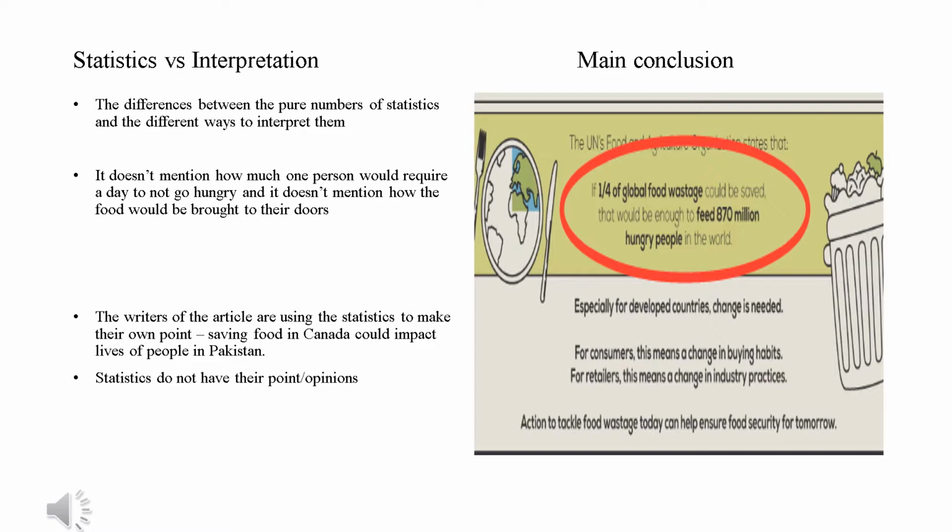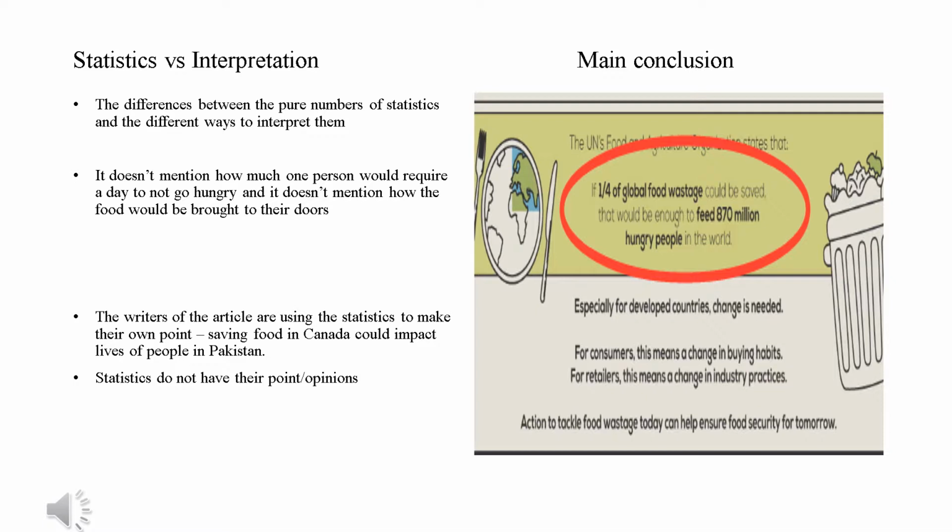This statement is an interpretation, not a statistic, because it doesn't mention how much one person would require a day to not go hungry, and it doesn't mention how the food will be brought to them. In other words, this statement should be taken lightly because it does not necessarily have a direct connection to the actual statistics in the article.